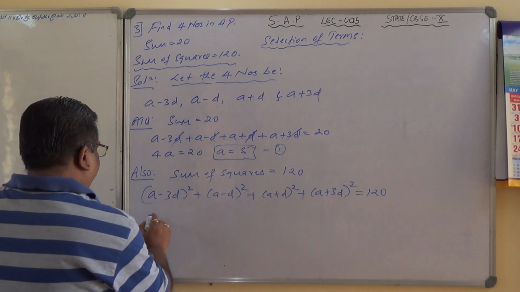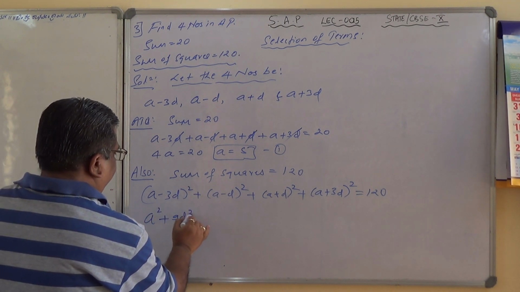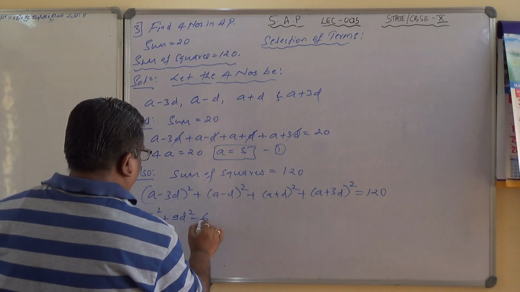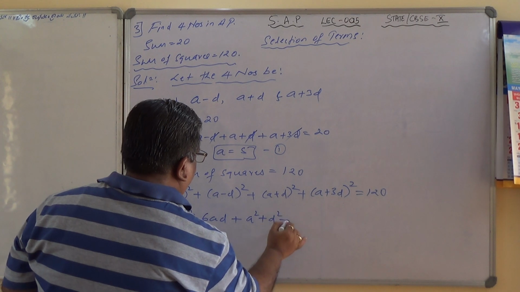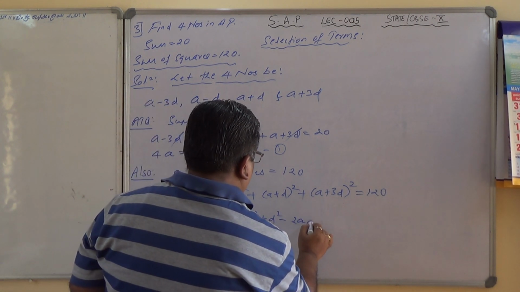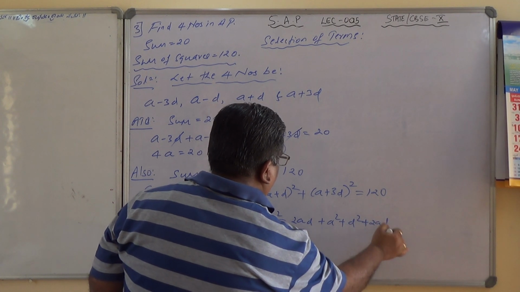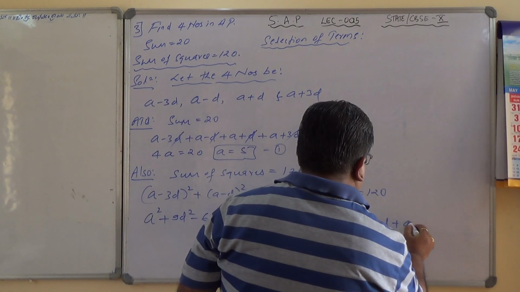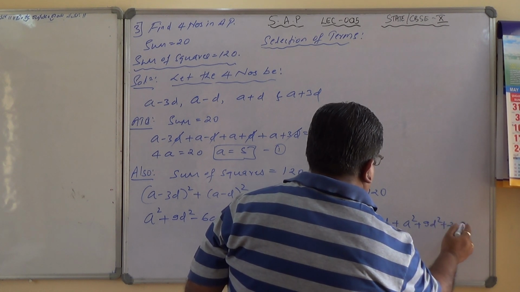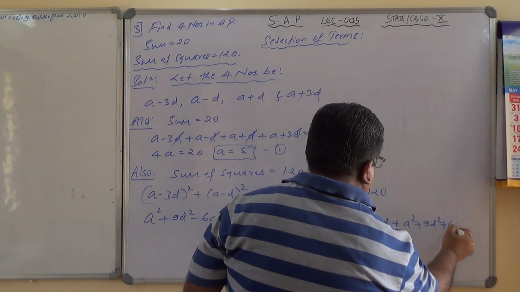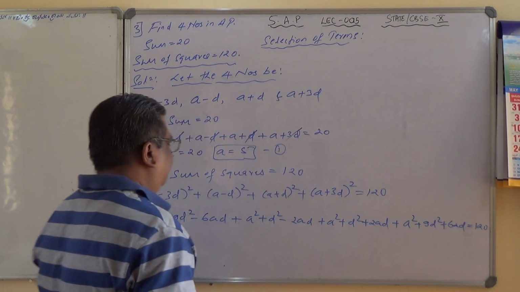So therefore a square plus 9d square minus 6ad, plus a square plus d square minus 2ad, plus a square plus d square plus 2ad, plus a square plus 9d square plus 6ad, equals 120.